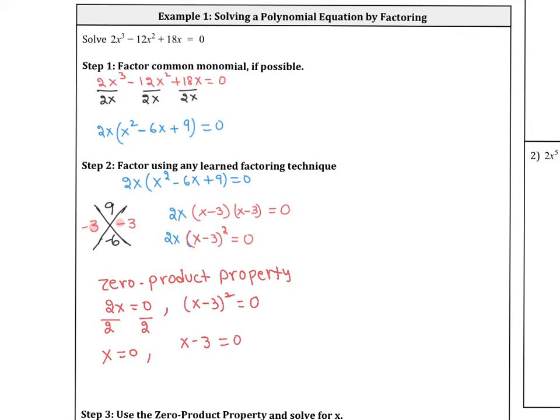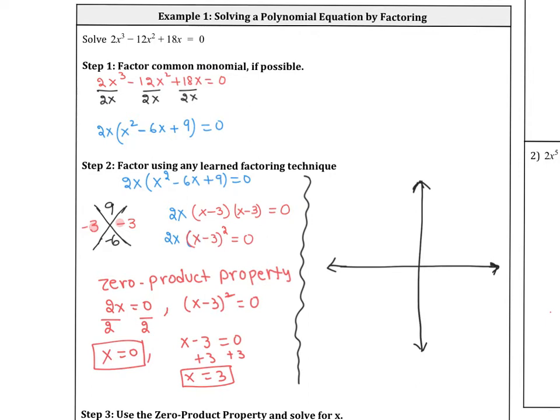You can just write x minus 3 equals 0. Plus 3 on both sides, x equals 3. So x equals 3 and x equals 0 are your two zeros or x values.